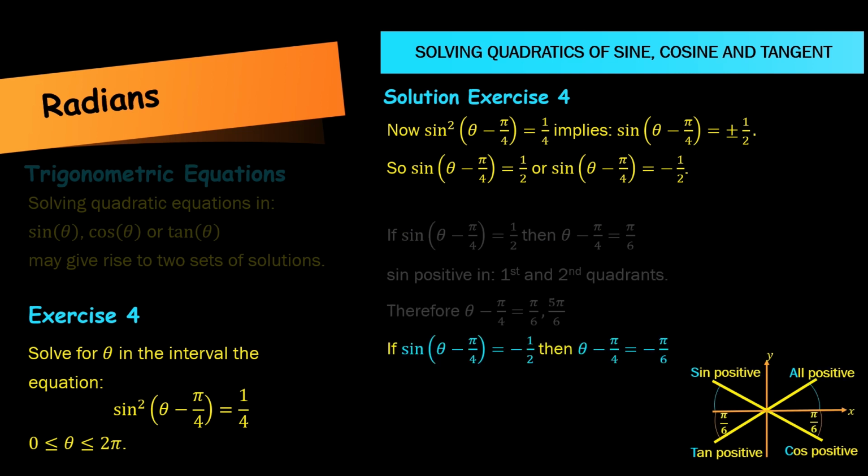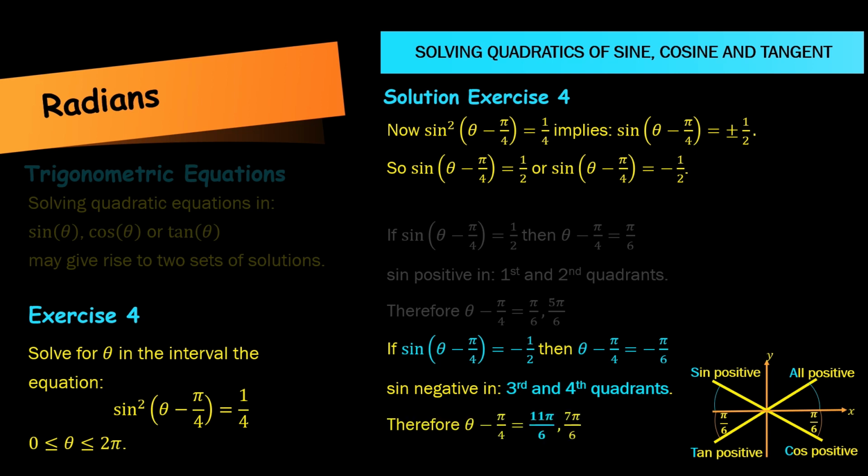When sine of theta minus pi by 4 equals minus a half, then theta minus pi by 4 equals minus pi by 6. Sine is negative in the third and fourth quadrants.